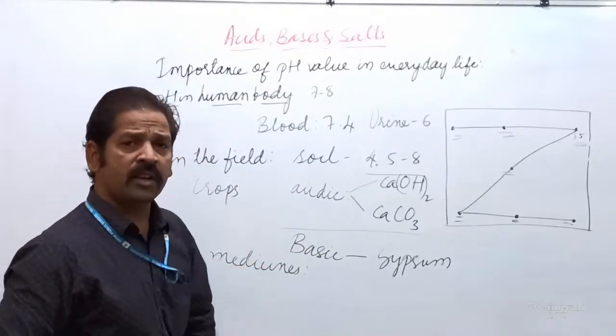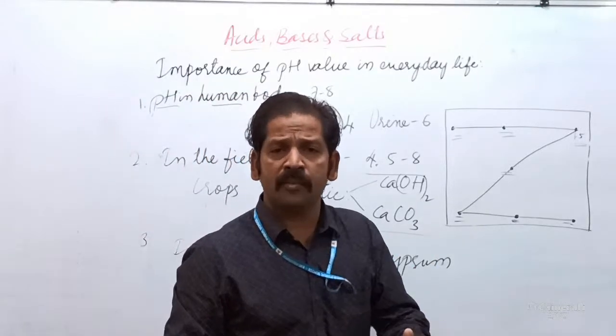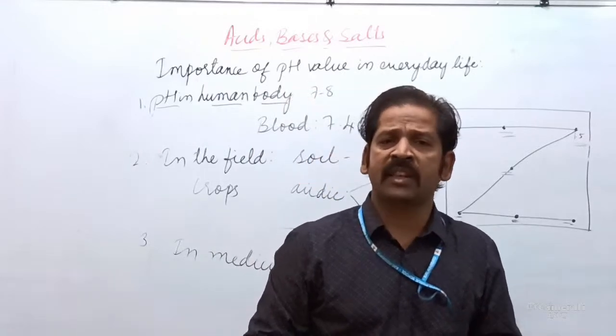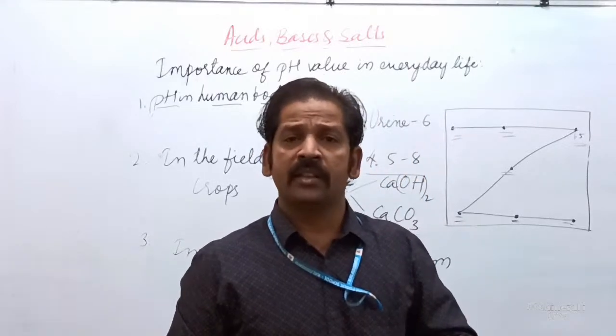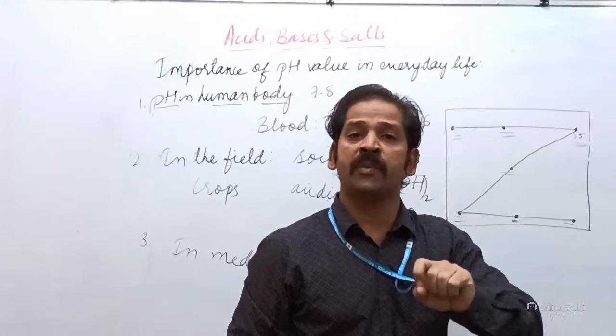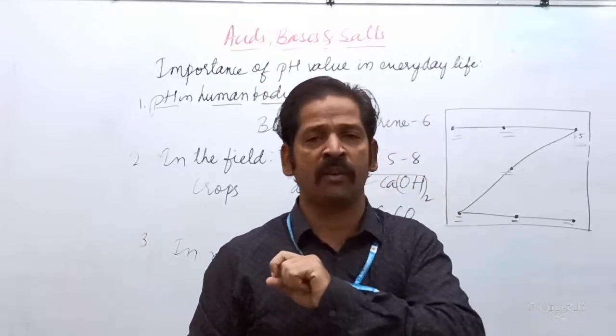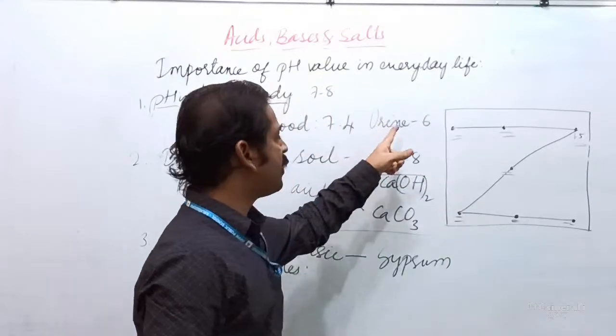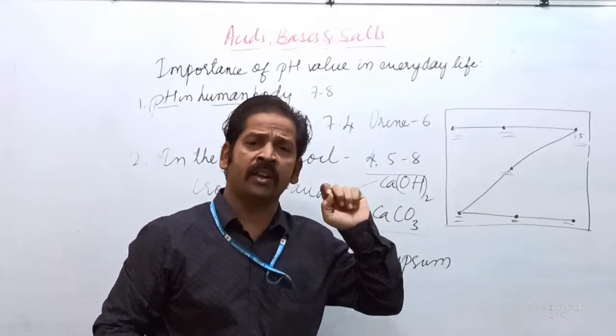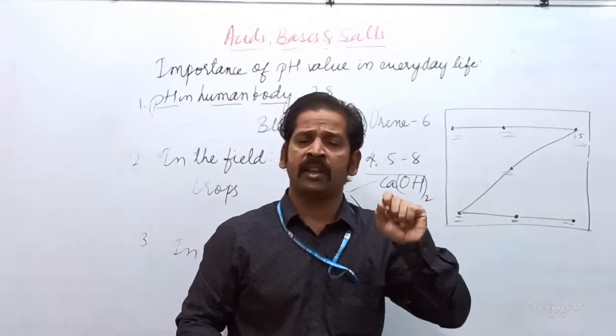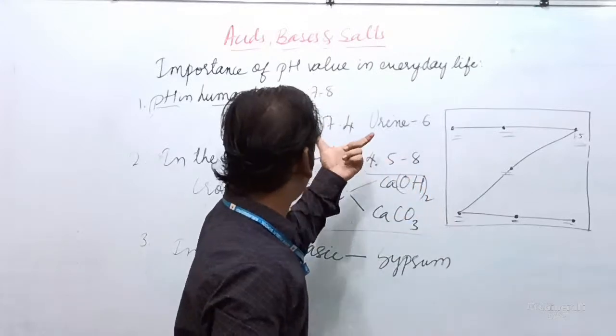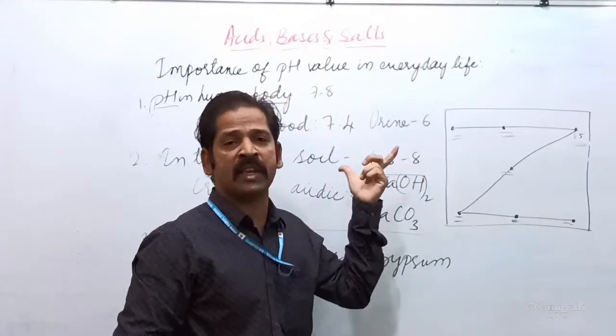In medicine, all diseases cannot be diagnosed directly. Some diseases are diagnosed on the basis of the pH value of blood as well as urine. Hospitals and doctors take blood and urine samples.